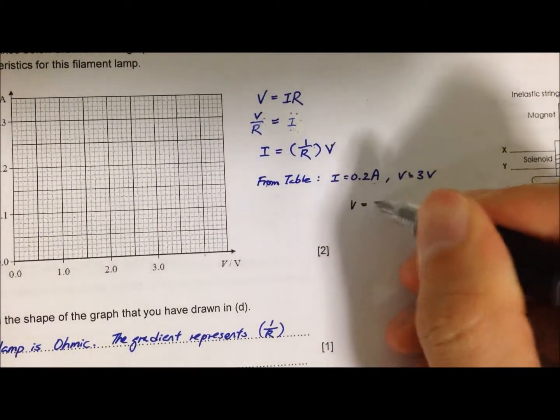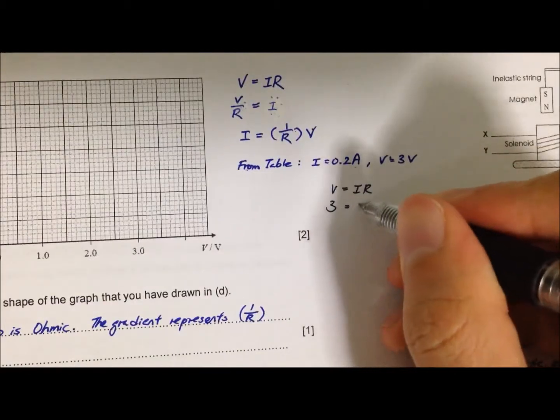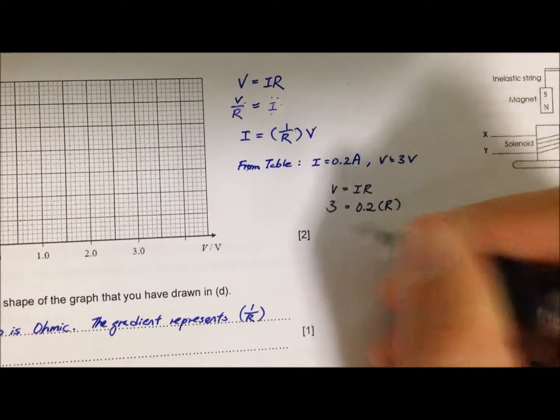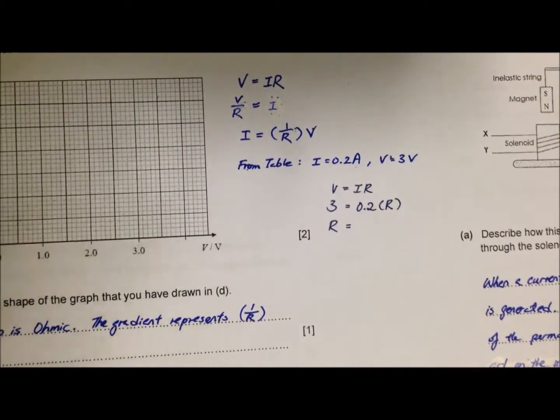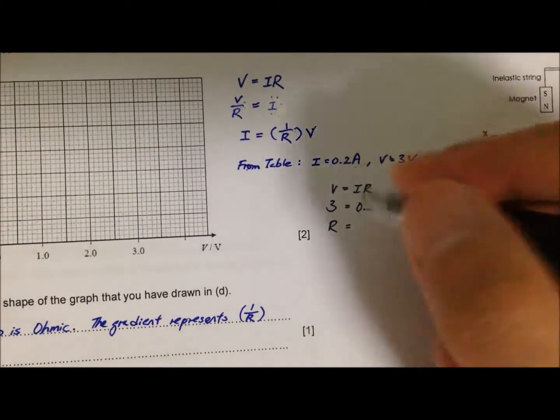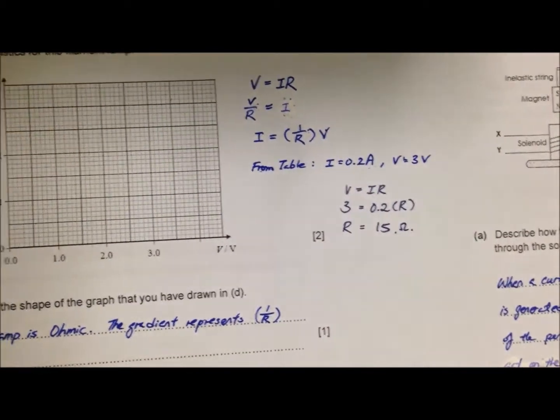So go and use the formula, put in the value, and you'll be able to get 3 divided by 0.2, 15, this is around 15 ohm. Okay, that's your resistance.